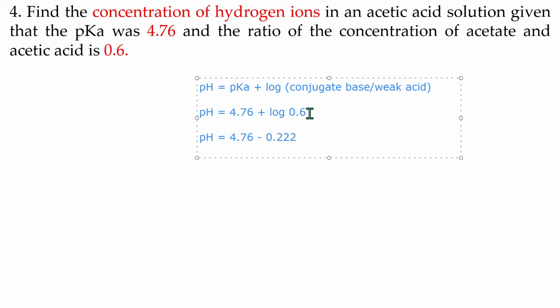Now we get the final value of the pH, which is 4.55.